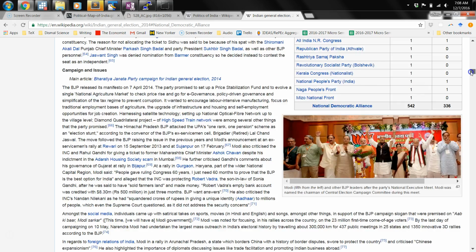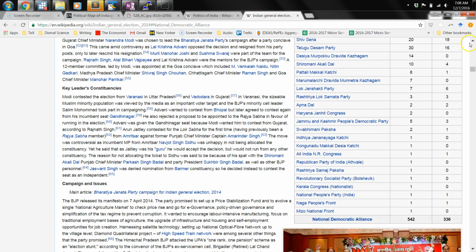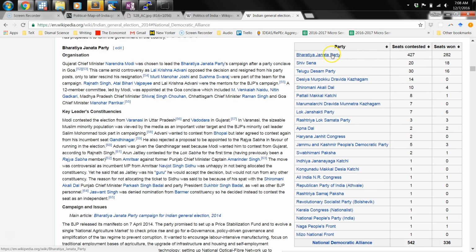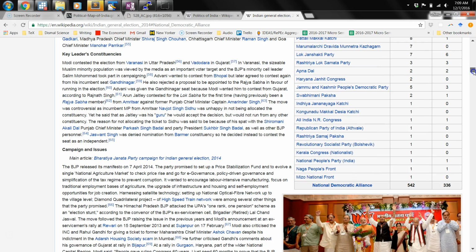In addition to the largest party, the BJP won 282 seats, but there are also all these other parties in their coalition, the Shiv Sena, Telugu Desam Party, etc., a long, long list. There are dozens, if not hundreds, of parties competing at the national level in India, and many more competing at the state level.